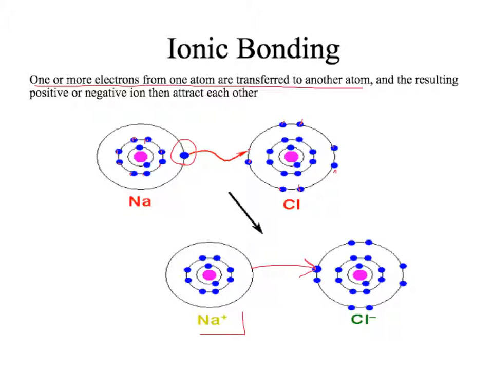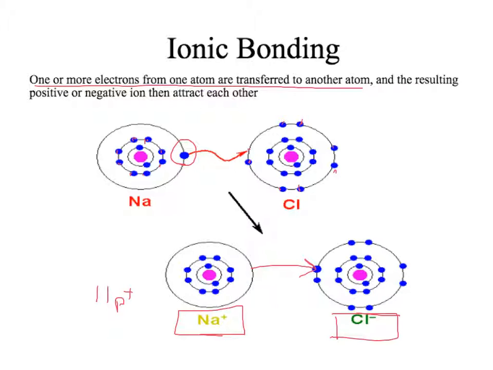When that happens, we have two charged particles. They are not neutral atoms anymore. Since this sodium has one less electron, it has a positive charge. Okay, remember that sodium has 11 protons. Okay, 11 positive charges. Because that's the identity of sodium.